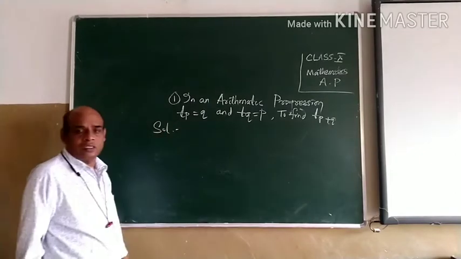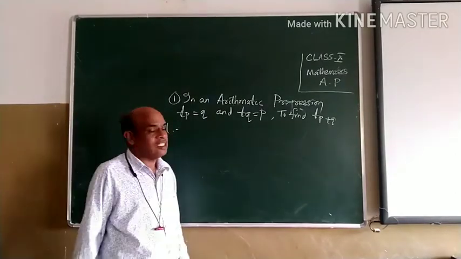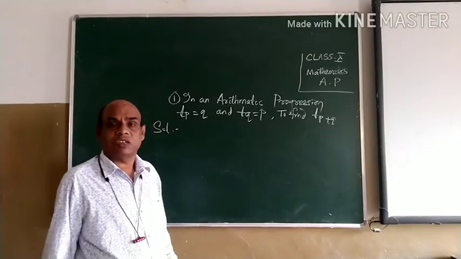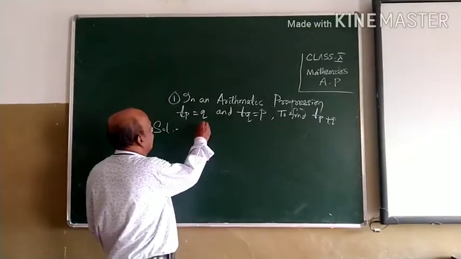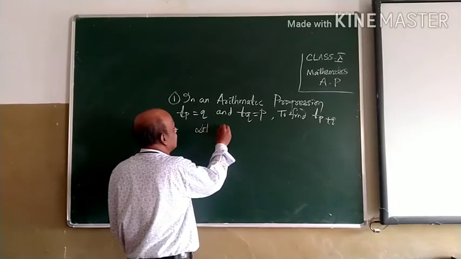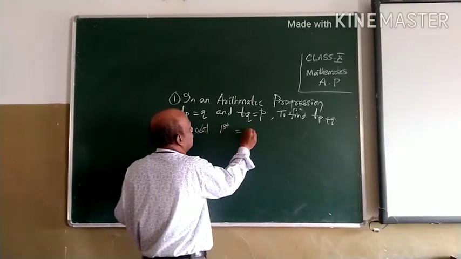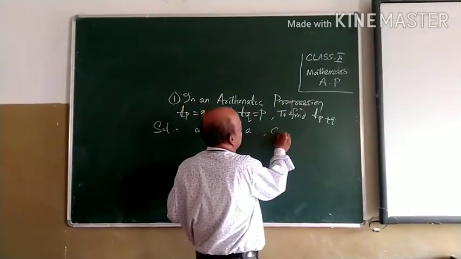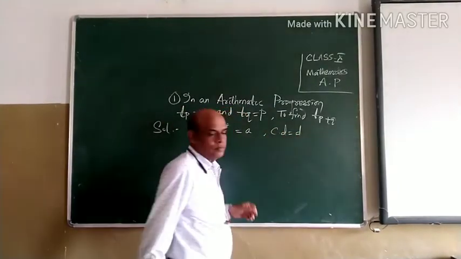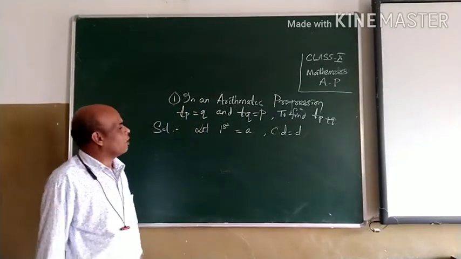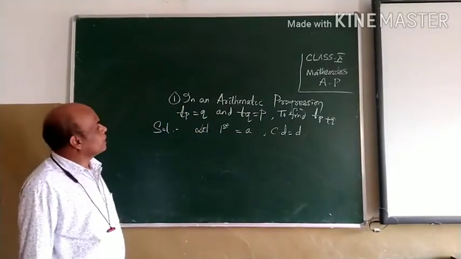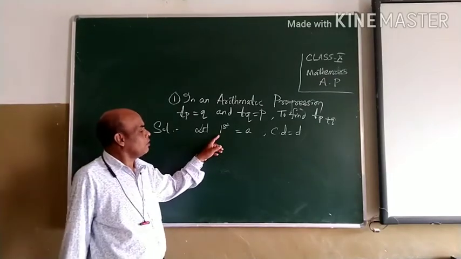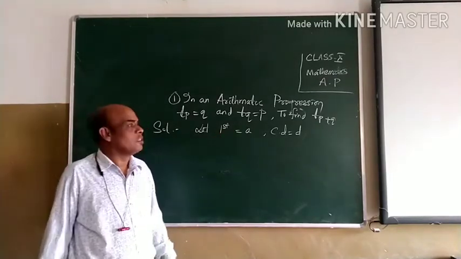First we have to remember, since the first term is not given to you as well as the common difference, we will let the first term be small a and the common difference be D. Because whenever we work out a sum from an arithmetic progression, we always have to write which one is the first term and which one is the common difference.